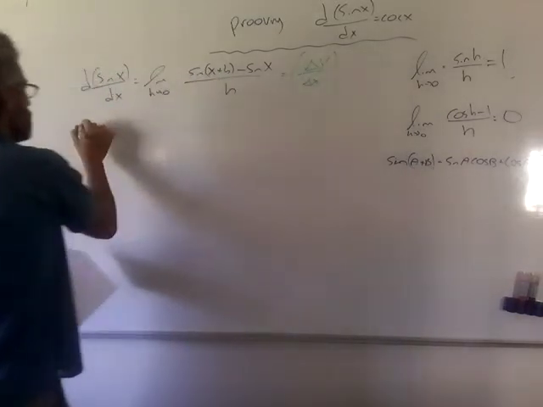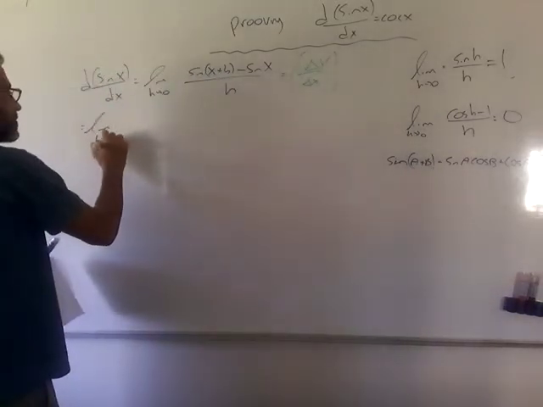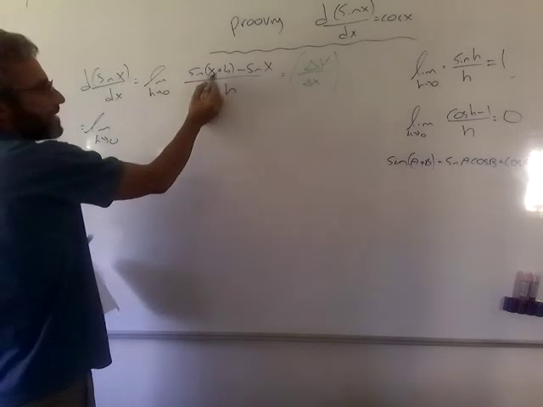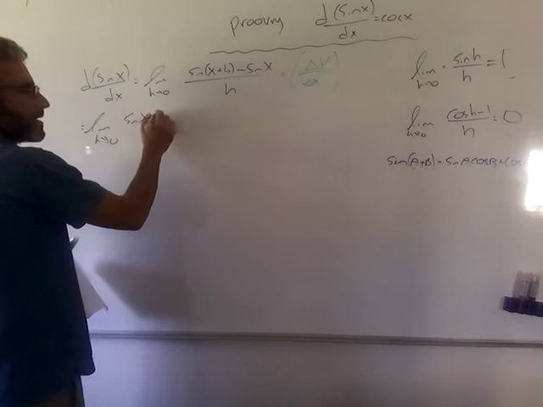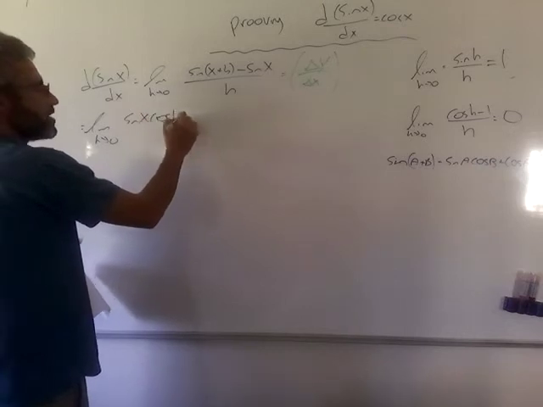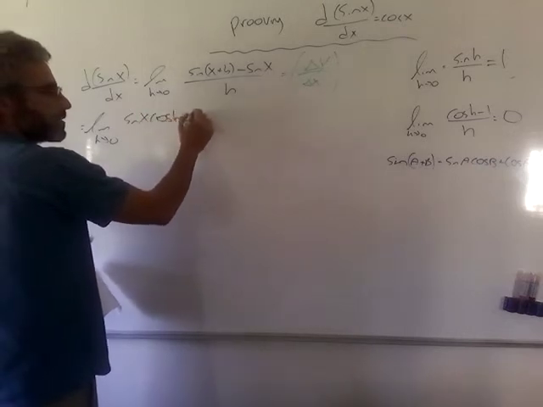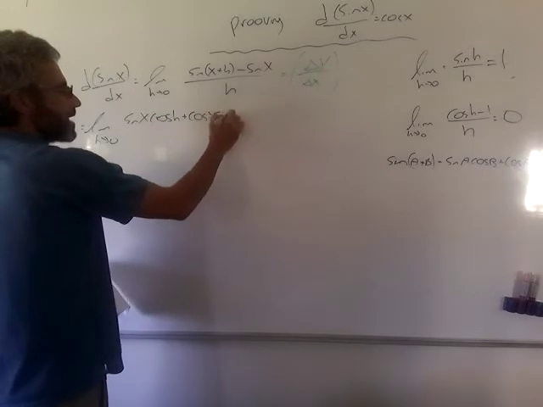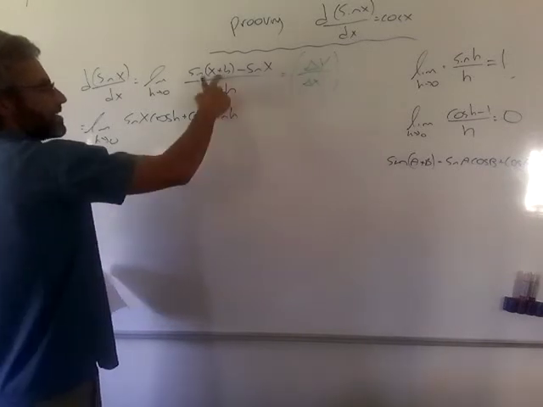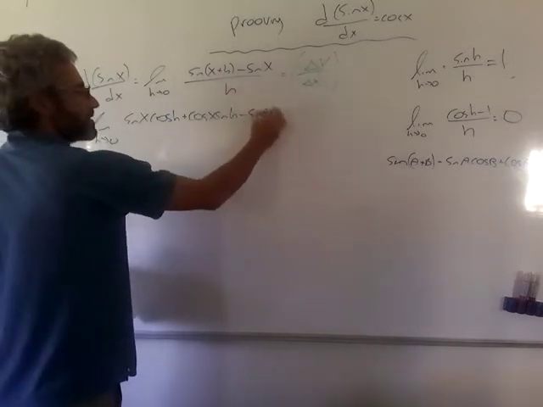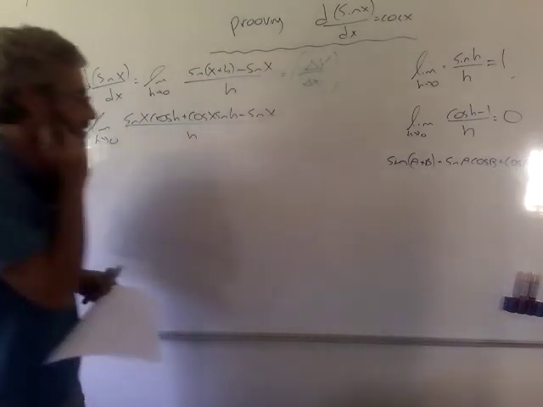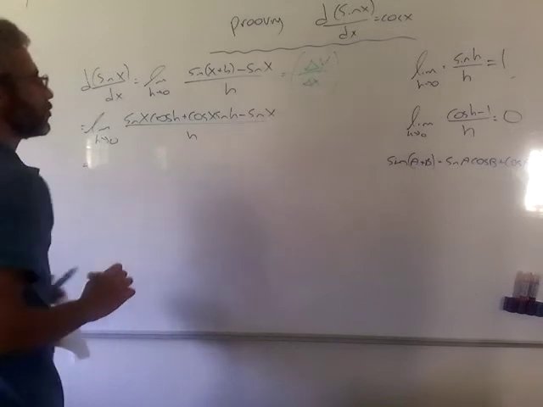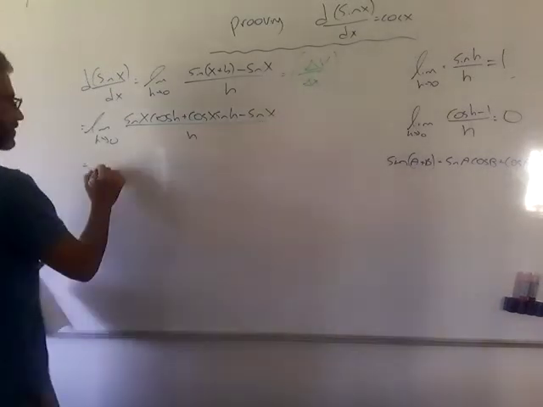So I'm going to write limit h approaches 0. My A is x, my B is h. So I'm going to write sine x cosine h plus cosine x sine h. Then I need to minus sine x and divide by h. Now I'm going to split into two fractions.